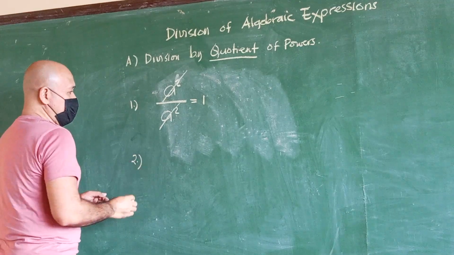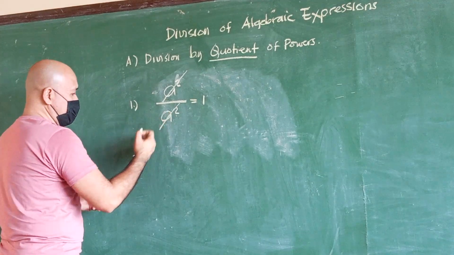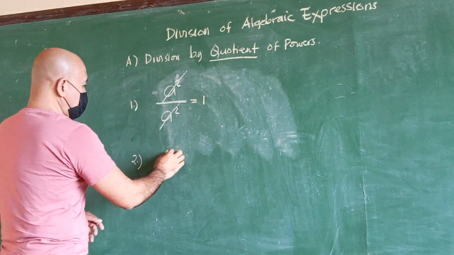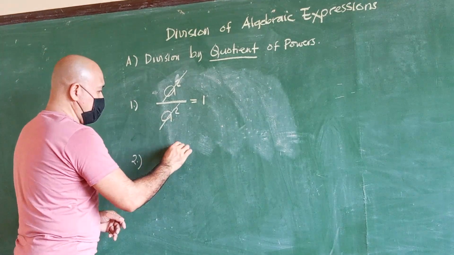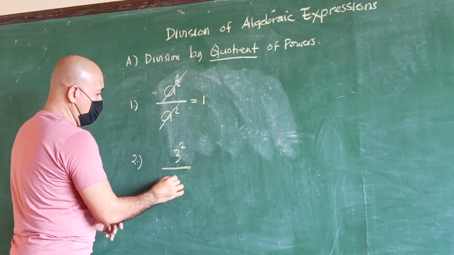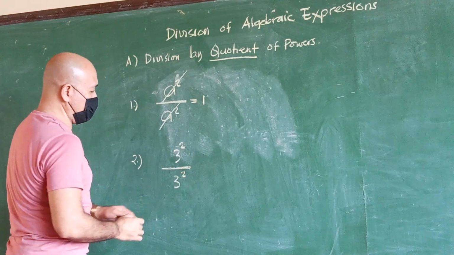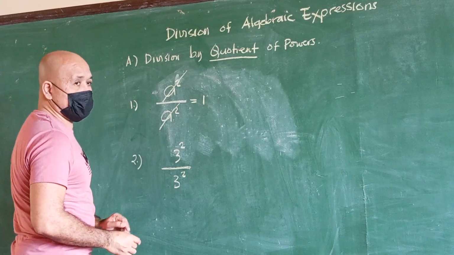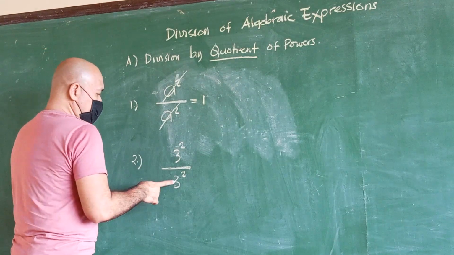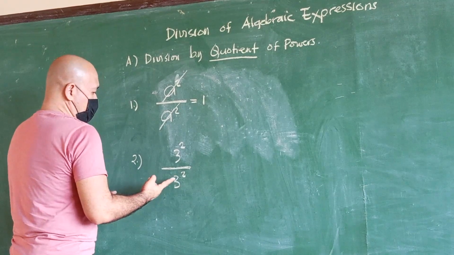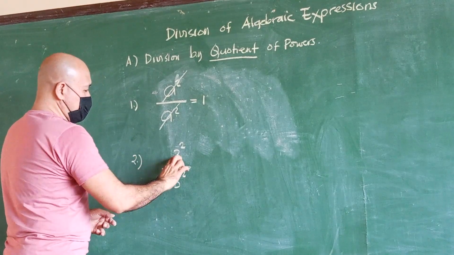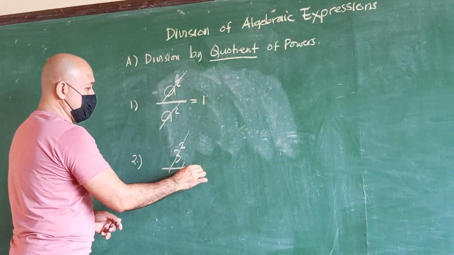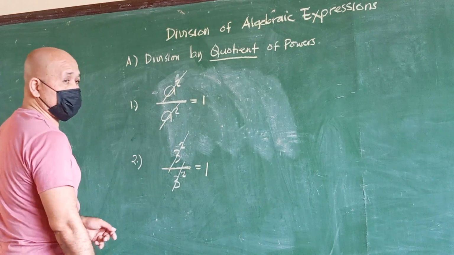Okay, so for number 2, under this one, you will have 3 raised to the power of 2 over 3 raised to the power of 2, or 3 squared over 3 squared. So again, if the bases are the same and the exponents are the same, just cancel them directly, and that is equal to 1.